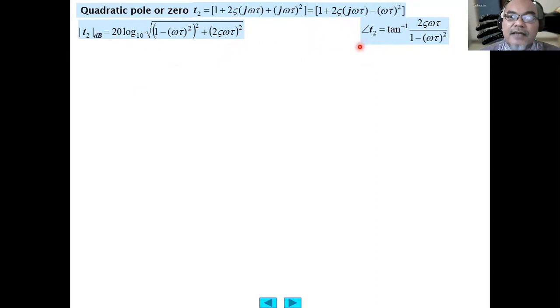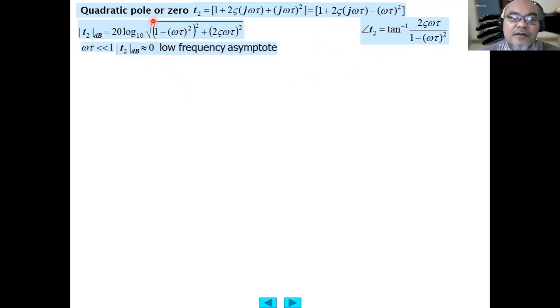Then the phase angle is the arctangent of the imaginary part divided by the real part. So arctangent of 2 zeta omega tau divided by 1 minus omega tau squared. Now, if omega tau is much less than 1, this can be approximated as 0, and this becomes just 1.